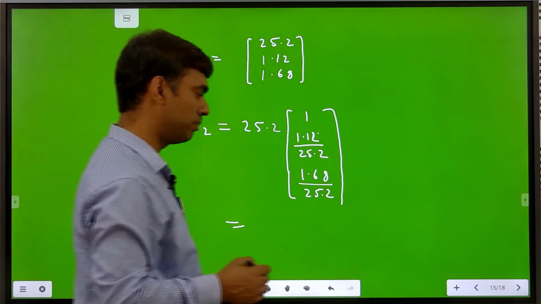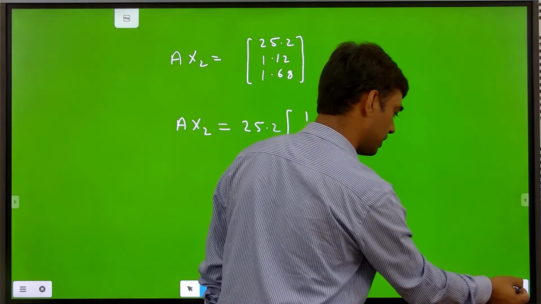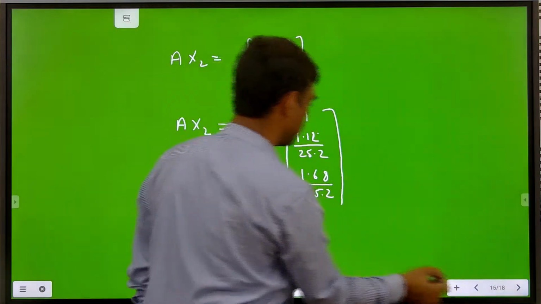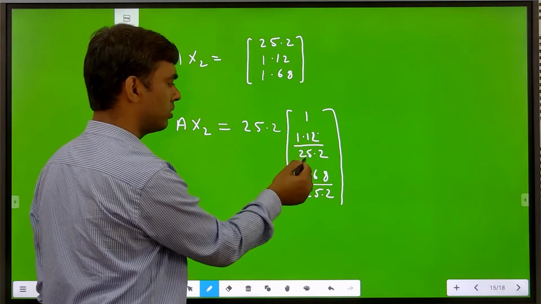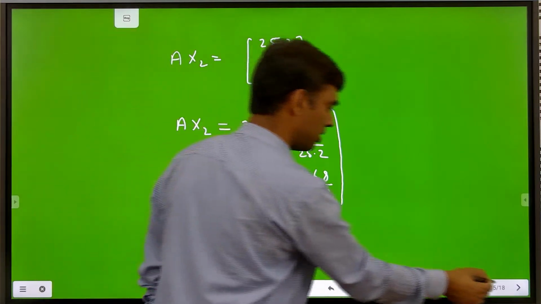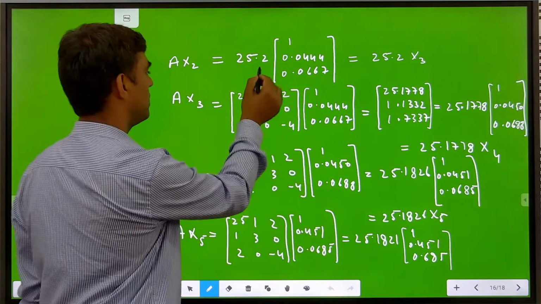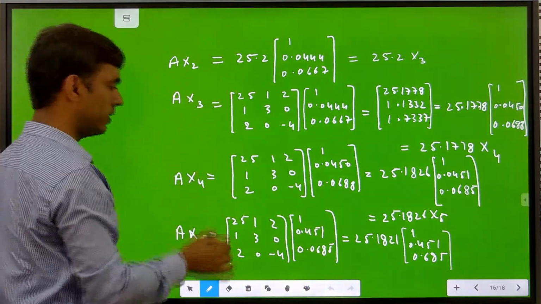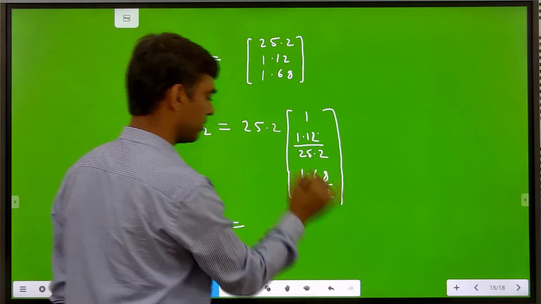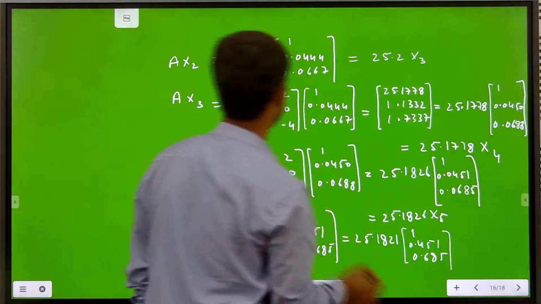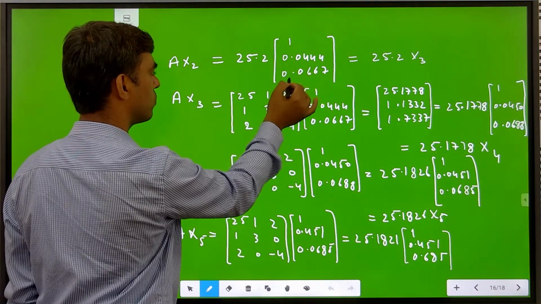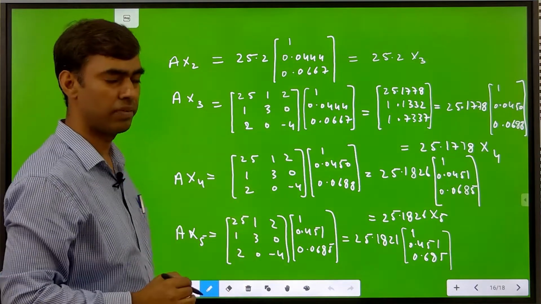After division of 1.12 by 25.2 and 1.68 by 25.2, this is the result: Ax2 equals 25.2 times 1, 0.0440, 0.0667.